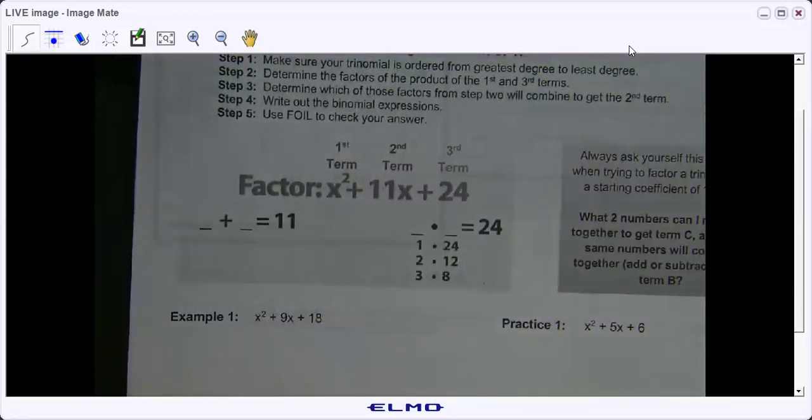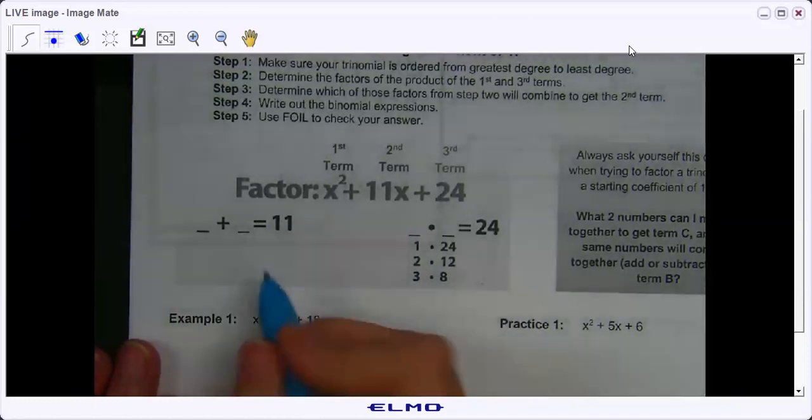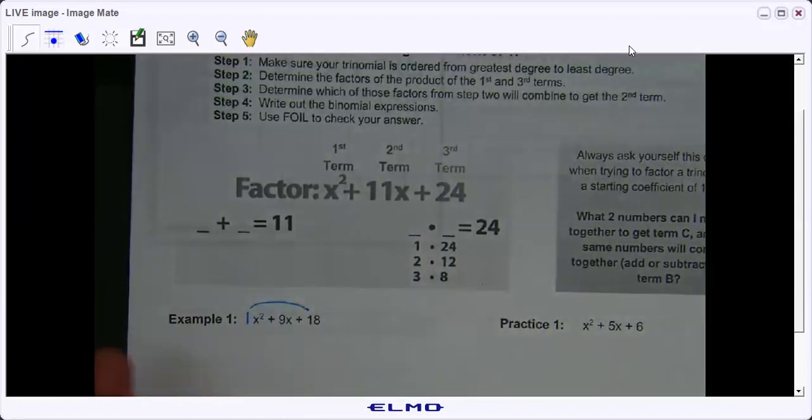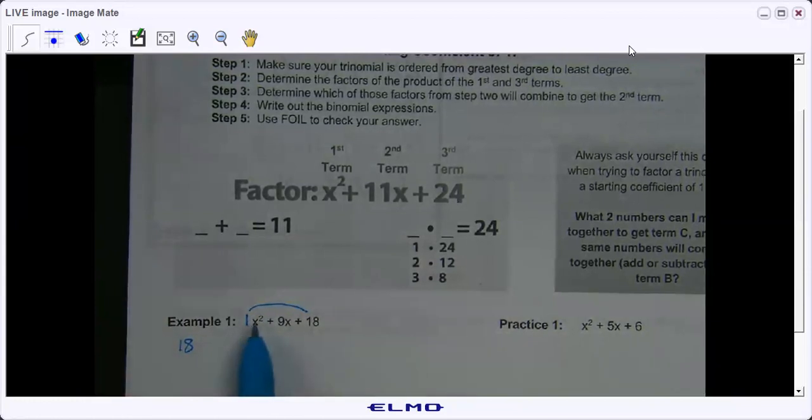And when it says determine the factors of the product, that means you're multiplying your first term times your third term, and you get 18 because this is a 1 right here. So you're going to multiply these two terms out, and you get 18. So that's the product, which means multiplication of the first and the third term.